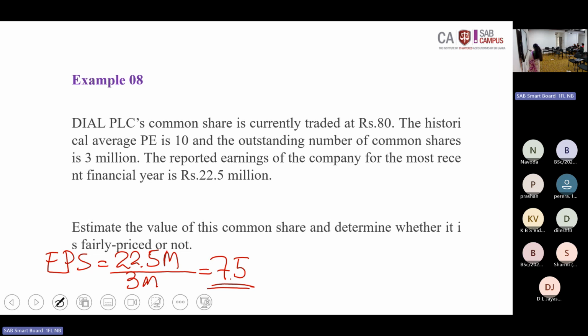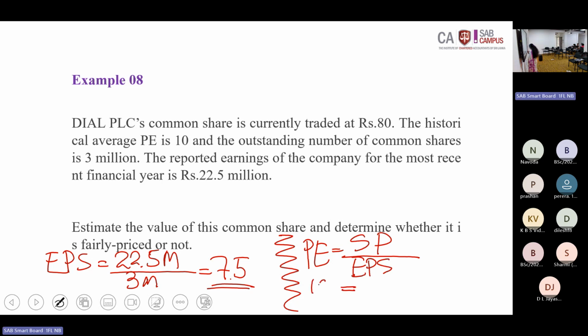Okay. Now, the PE ratio, how much is it? 10. PE equals share price divided by EPS.